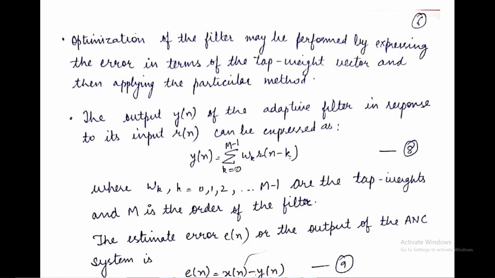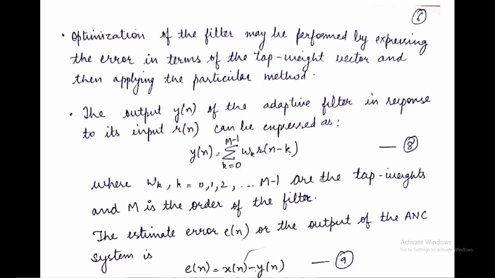We can use a convolution type equation, because we are finding the output equation, and we know the input, and the impulse response we can give in terms of tap weights. Here wk represents the tap weight and M is the order of the filter, where k runs from 0 to M minus 1.